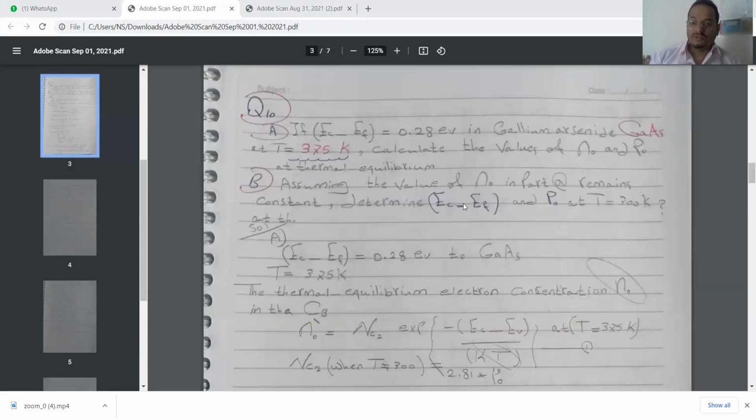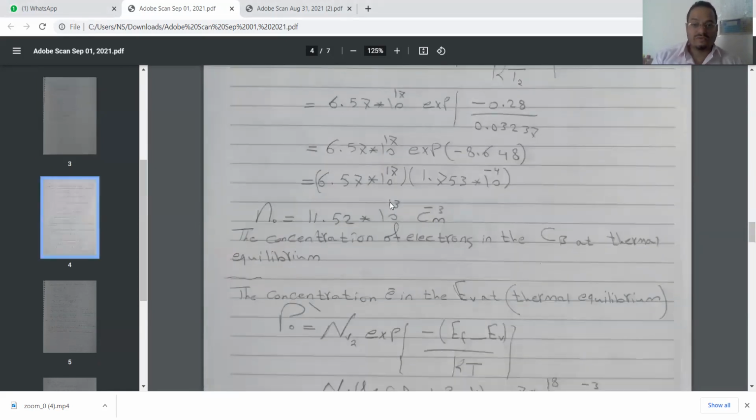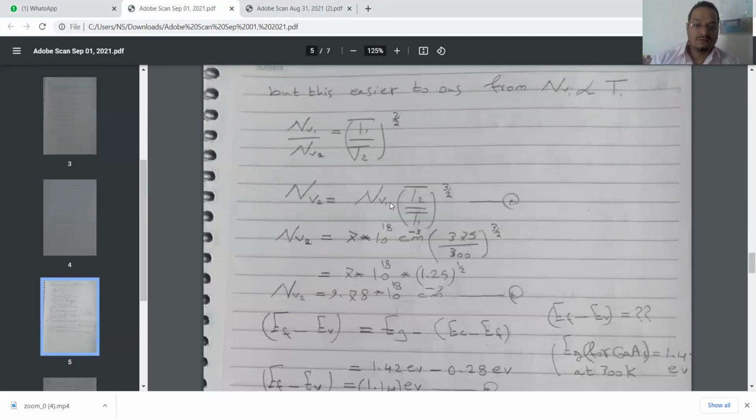Assuming the value of the concentration of electrons in part A remains constant, determine the difference between the conduction band and the valence band, and calculate the concentration of holes at room temperature. That will be easier for us because we have solved many questions like that.